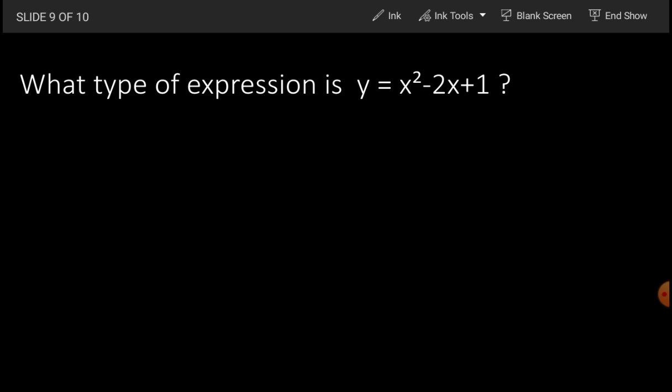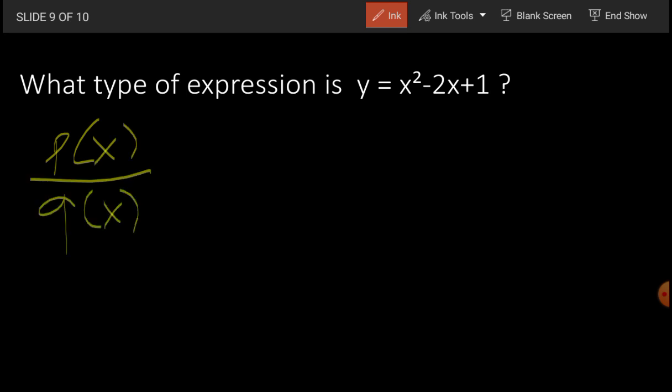Okay, for this next question, what type of expression is y equals x squared minus 2x? We have discussed in our general math lessons that there are rational equations. When we say rational equations, it's a polynomial p of x over another polynomial q of x is equal to 0. So this is a rational equation.